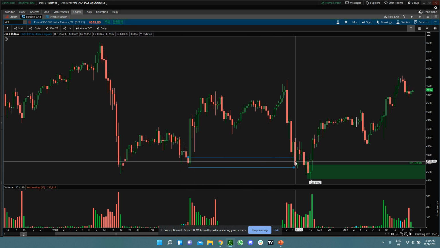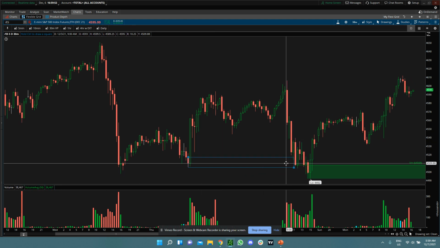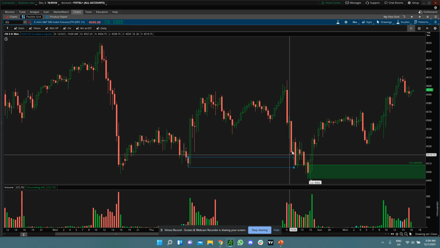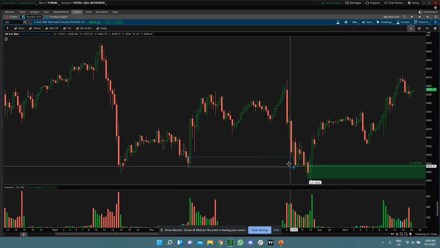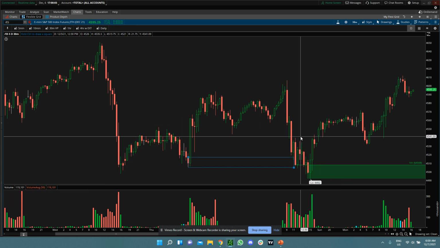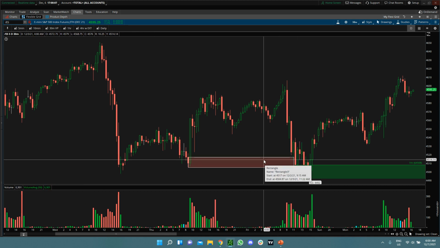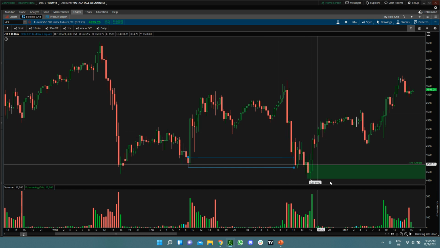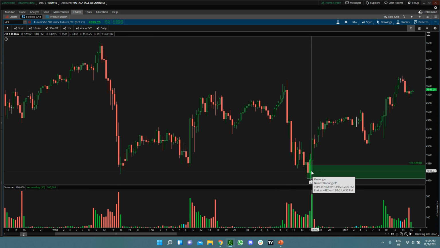Okay, it got tested here from this week, but eventually you have to take into account price action and the news before entering a zone, especially. I believe on this day there was very bad news. I think it was because of the new variant, which is why we continued to sell off before finding a bottom.